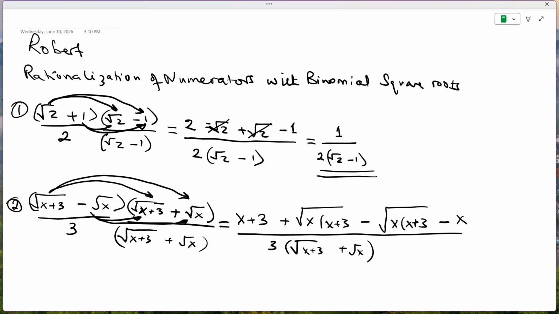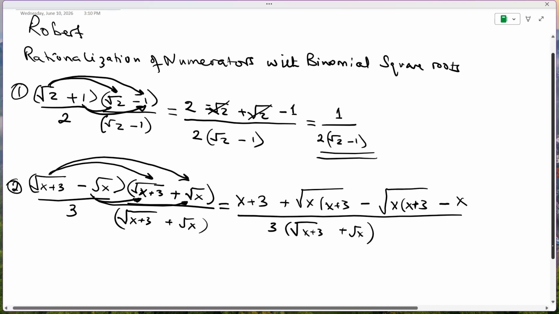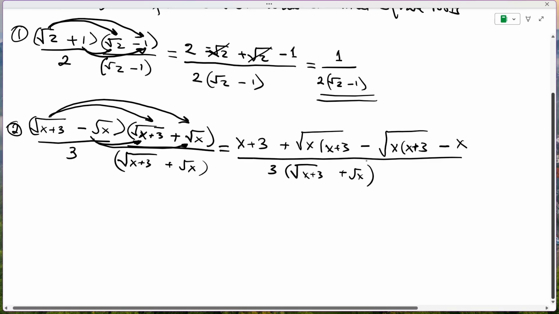So we can move on to simplify what we have here. Plus root x into x plus 3 minus root x into x plus 3 will cancel out. And then minus x here will cancel out with x there. And we are left with just 3 at the top.